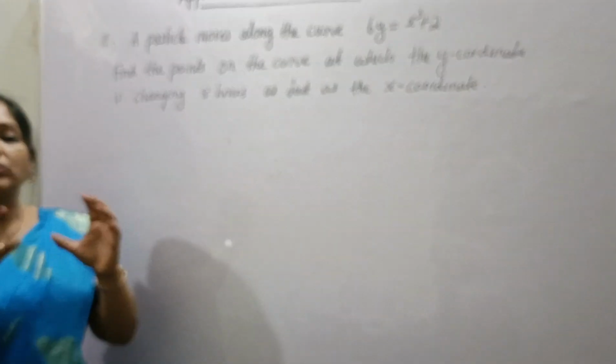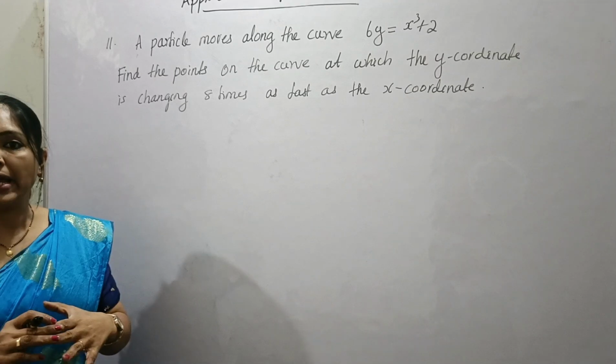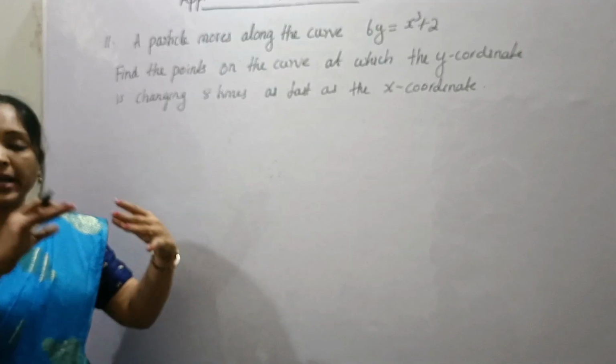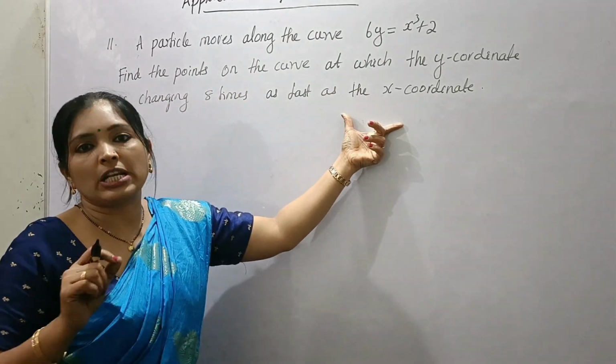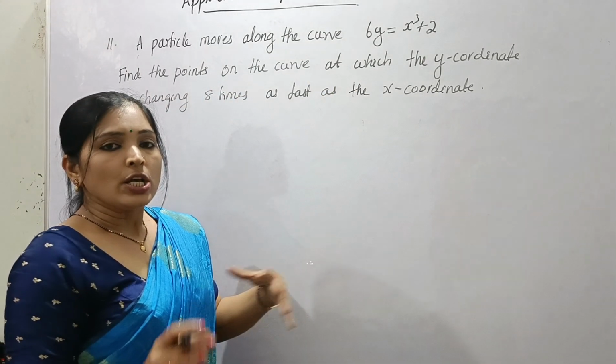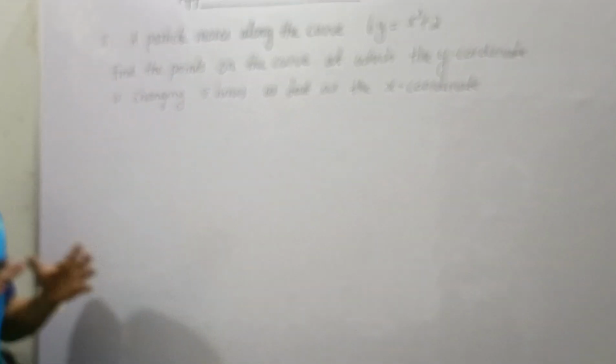That means the rate of change of y with respect to time is 8 times the rate of change of x with respect to time. So here we have to find the values of x and y, the points on the curve.